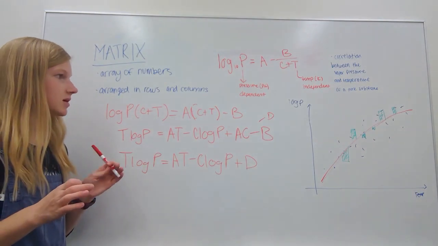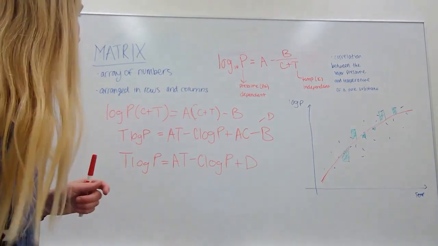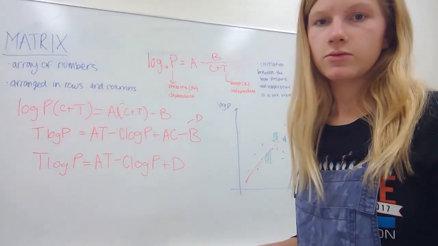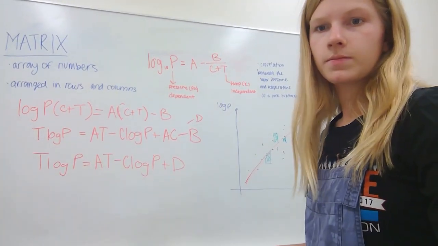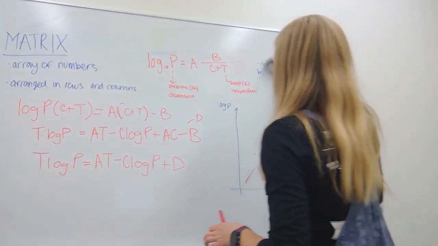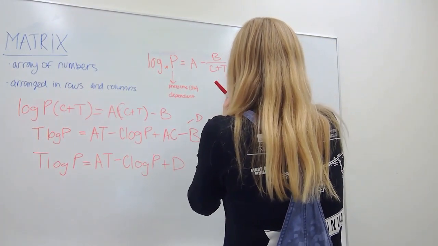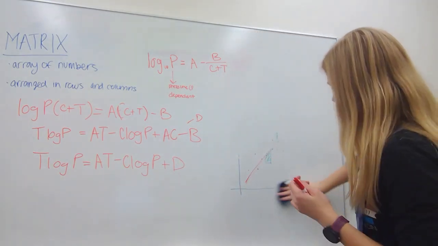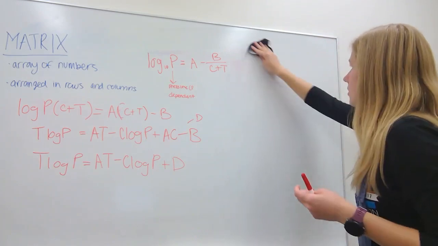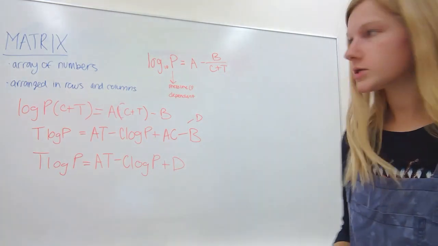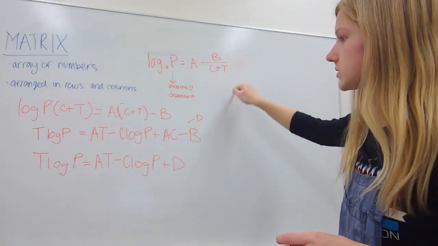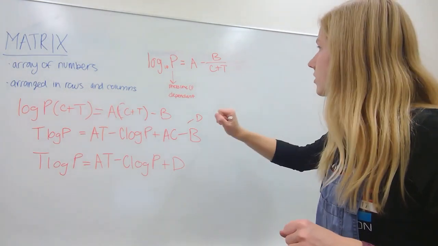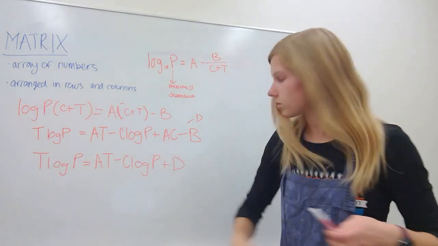And I'm just going to erase a little bit, that way we can draw out the matrix. I'll write it over here actually, make sure screen fits. Alright, so for our matrix multiplication, we're going to have our design matrix, which is going to be the temperature minus the log of the pressure, and then we're going to have our vector of unknowns.